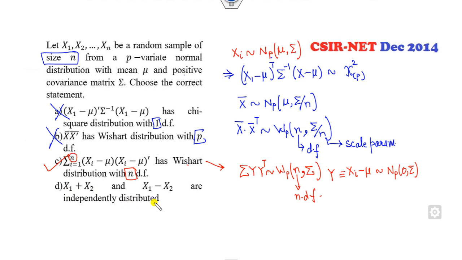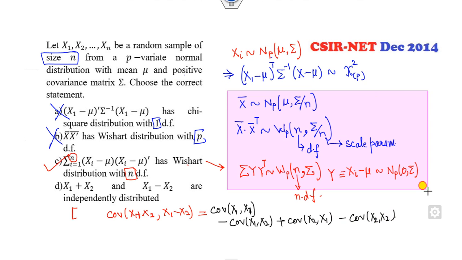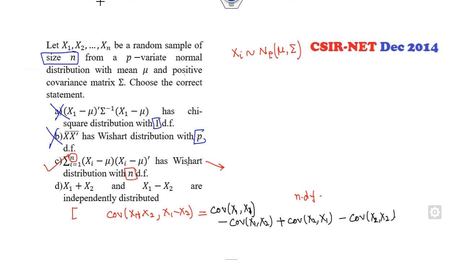Now check whether these are independent or not. How can you check the independence? I can find the covariance of x1 plus x2, x1 minus x2. If I open them, it will be covariance x1 x1 minus covariance x1 x2 plus covariance x2 x1 minus covariance x2 x2. So what is that?